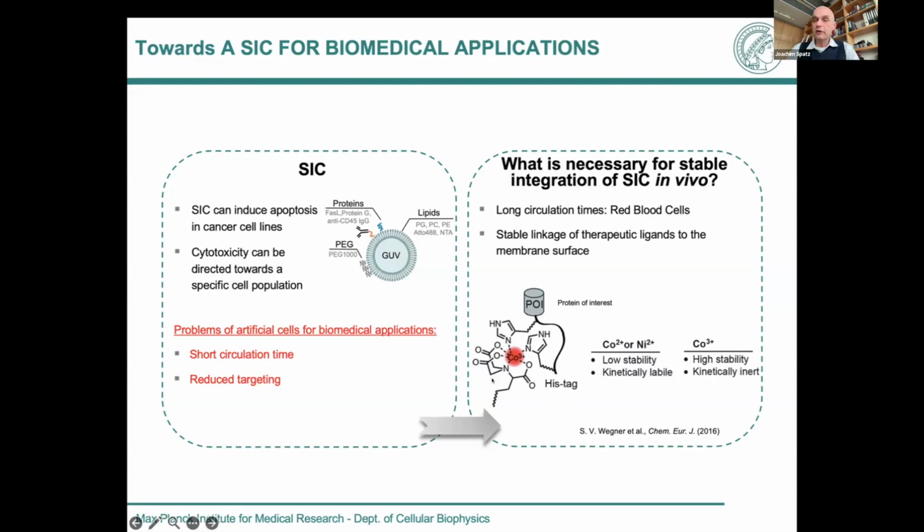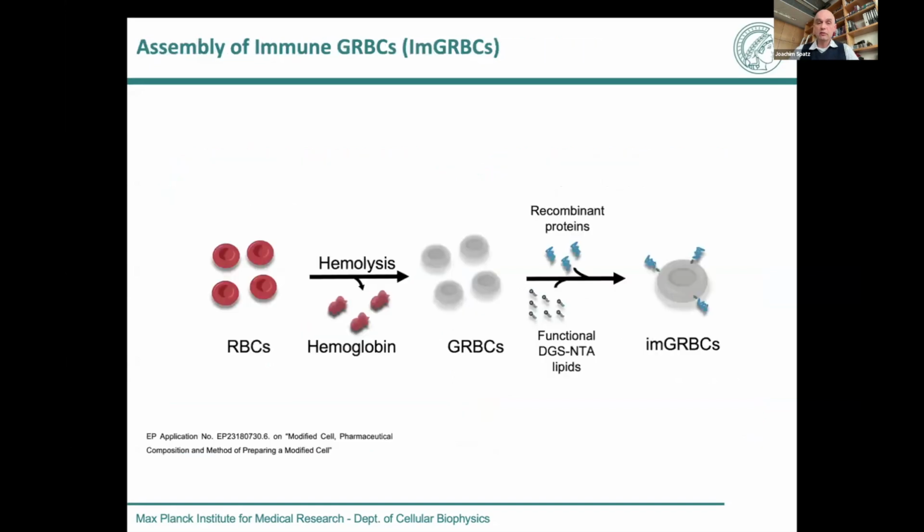You use this for purifying, for instance, and there the complex can be released by counter ligands on purpose to get rid of the columns. But here you need it very stable, and this is possible by replacing nickel 2+ with cobalt 3+, and I will come to this chemistry. So it's very important: long circulation times and stable linkage of ligands on the surface of these red blood cells via this cobalt 3+ chemistry.